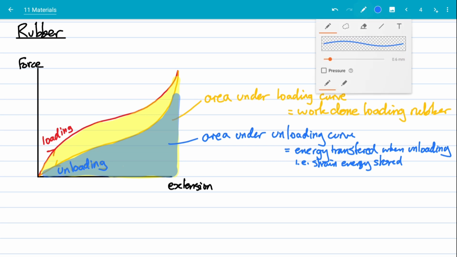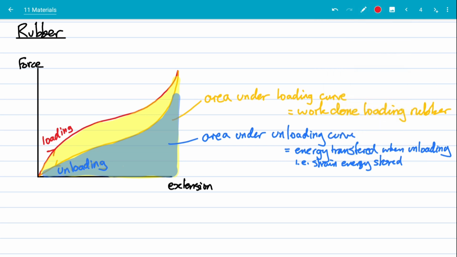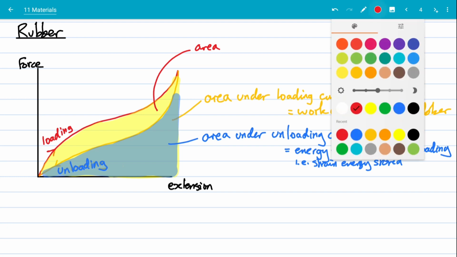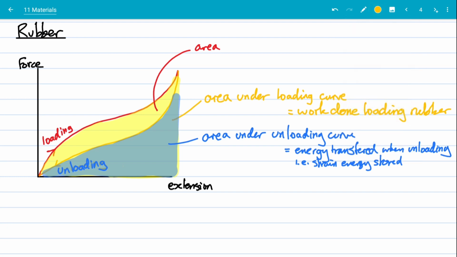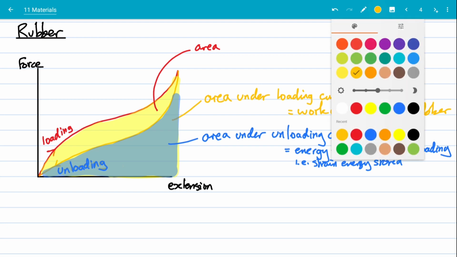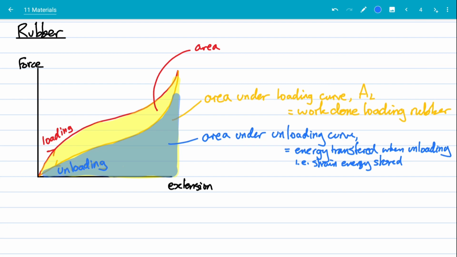What about the area that is here? Well, that area, I need to use some symbols here, don't I? So the area under the loading curve, let's call that AL, and area under the unloading curve, let's call that AU.